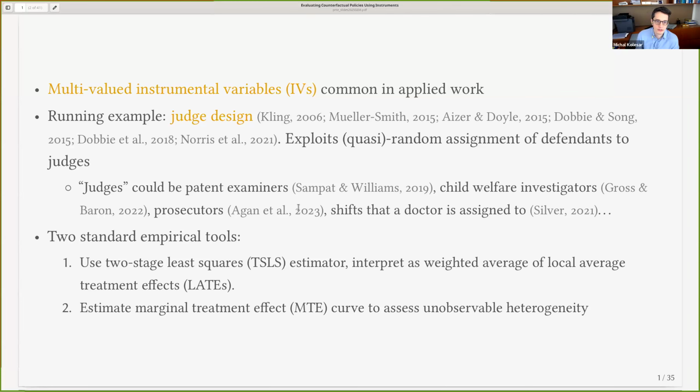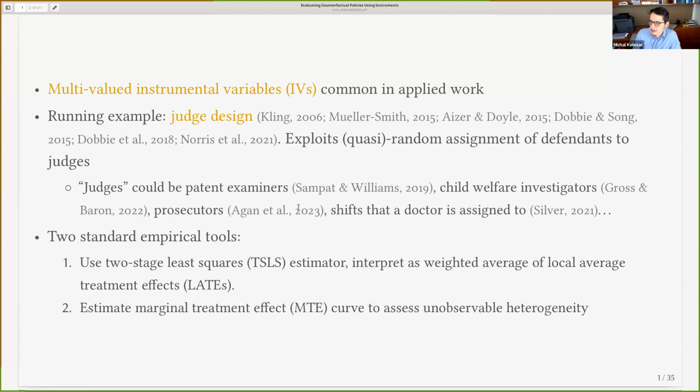By virtue of being assigned a more lenient judge, maybe I'll get a lighter sentence. But if I was assigned a stricter judge, I may get a harsher sentence. Then I can use this quasi-random variation to figure out the causal effect of, say, sentencing on some outcome like recidivism.